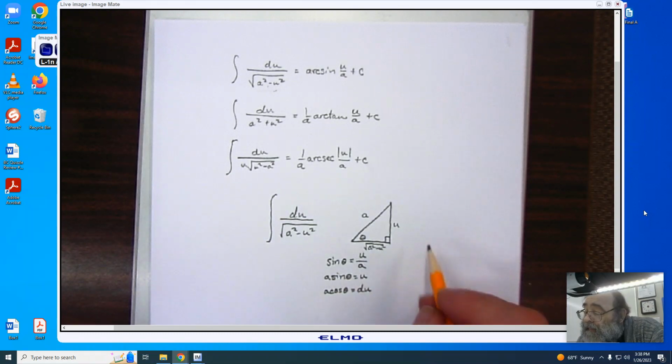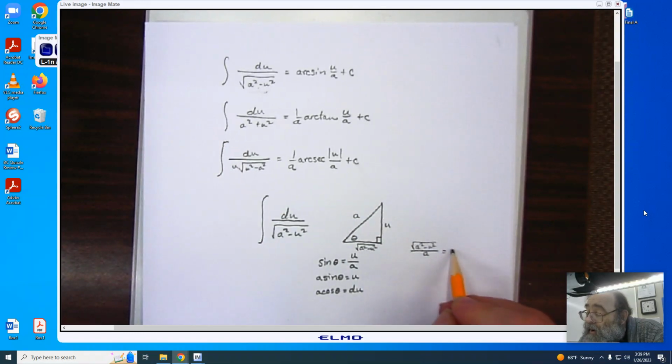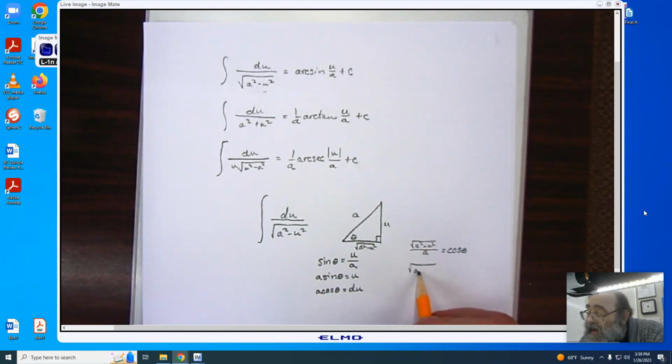Let's take a look. If I look at the square root of a squared minus u squared, which is my adjacent side of theta, divided by a, the hypotenuse, I am looking at the cosine of theta. That means that the square root of a squared minus u squared is a cosine theta.